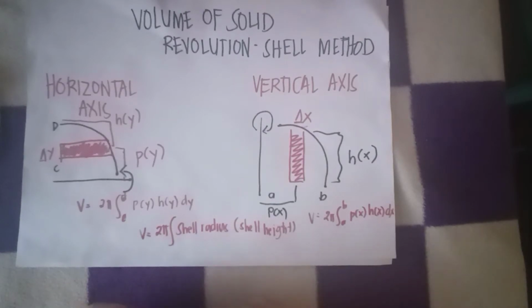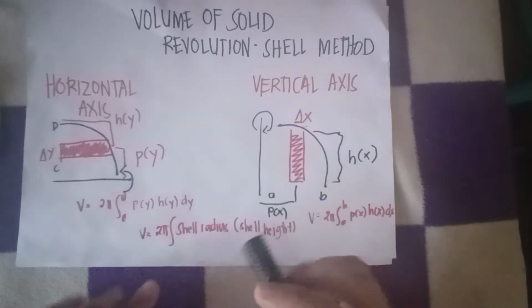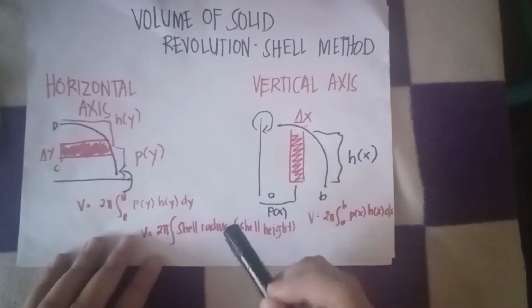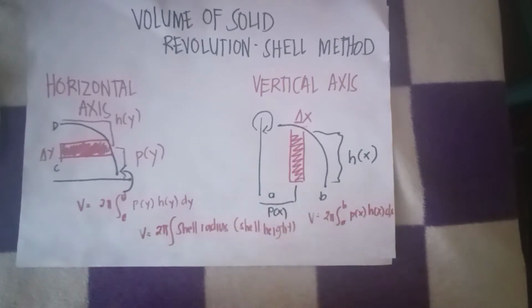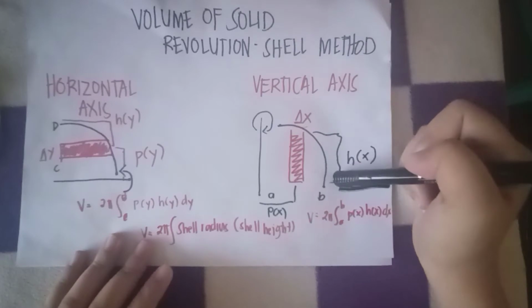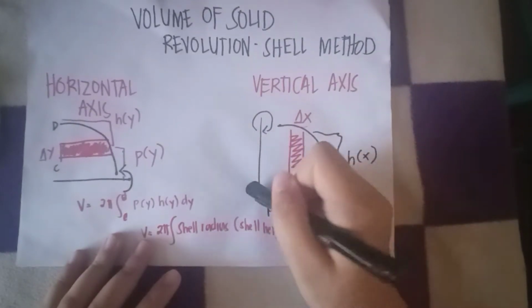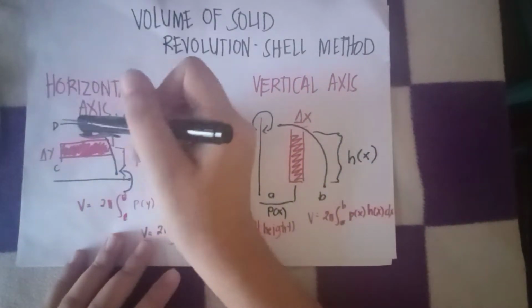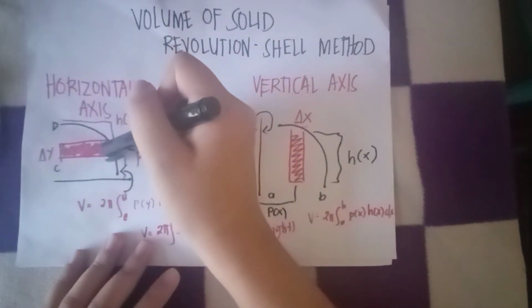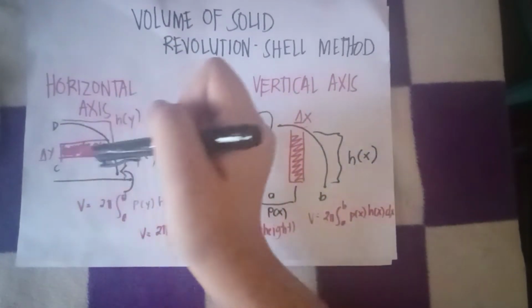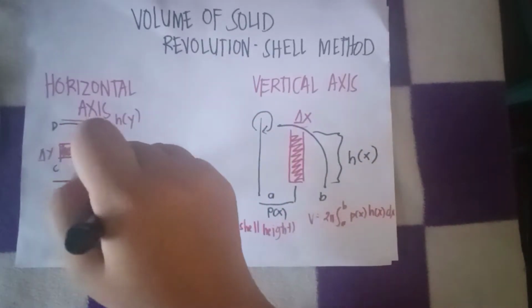Yung naman washers method, kailangan meron tayong butas sa gitna or kung saan kailangan dalawa yung radius mo. Dito po, multiply mo lang literal yung height tsaka yung radius ng ating given. Yung height is kung gaano kataas yung ating cylindrical shell, and then yung radius is from here hanggang doon. Ganun din dito sa kabila. Yung height is gaano kataas, and then yung radius is from here hanggang dito.